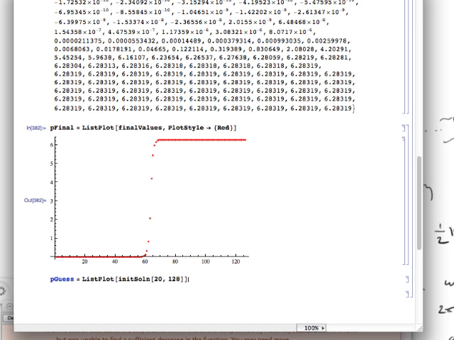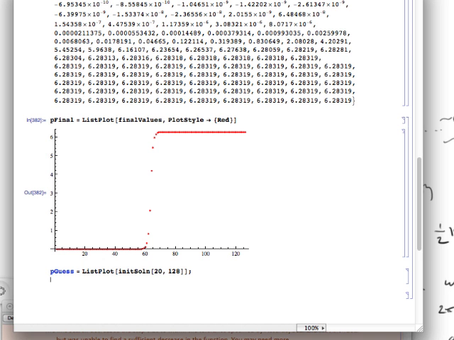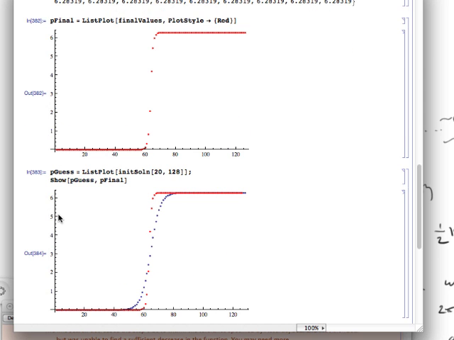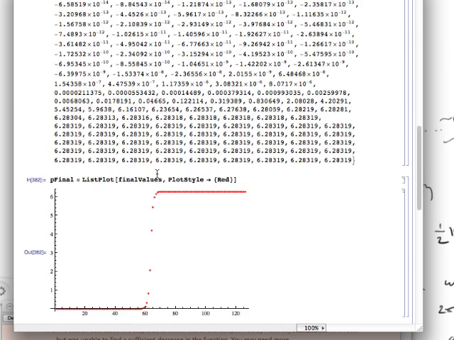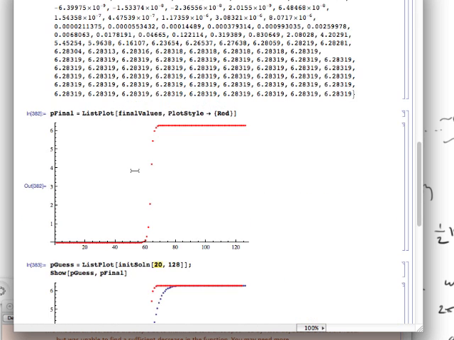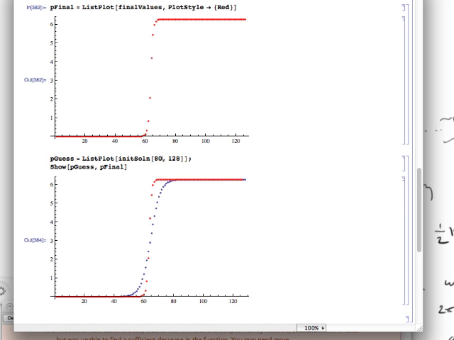You remember that the initial solution of 120 with a width of 20 was what we guessed initially, and that, of course, wasn't very close. But what we saw from the minimization above was that actually the width wants to be about 80, and so if we put that parameter in there, then indeed they are quite close.